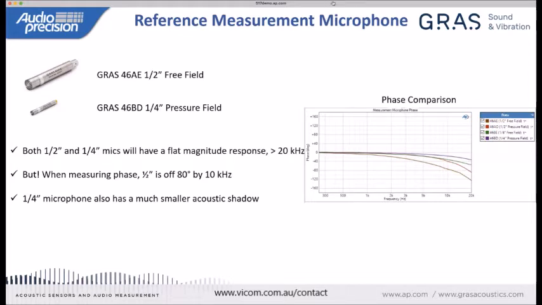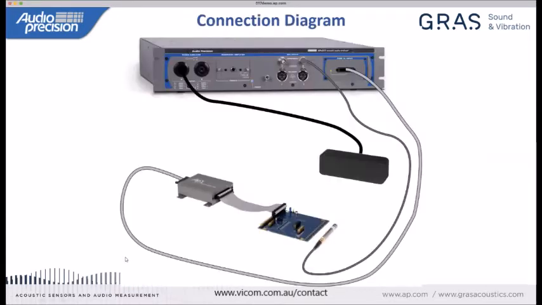Okay, so let's take a look at how we're going to do this. This is a depiction of what I have set up, and it all comes together here. Since I have all the inputs and outputs that I need in the 517, I don't need an external power amplifier. I don't need an external microphone power supply.